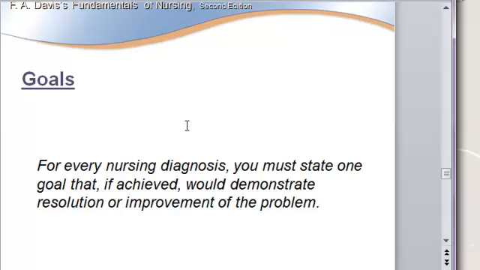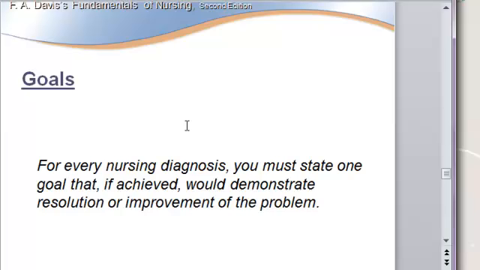So one of the goals you have for your patient may be: client will, because that's the subject, client will be able to ambulate at least 5 feet with the help of a walker and the assistance of a physical therapist.